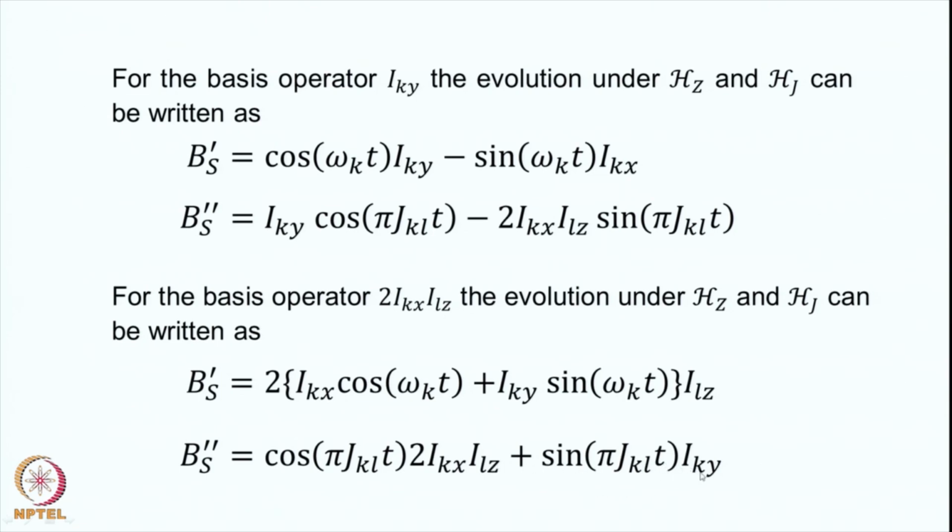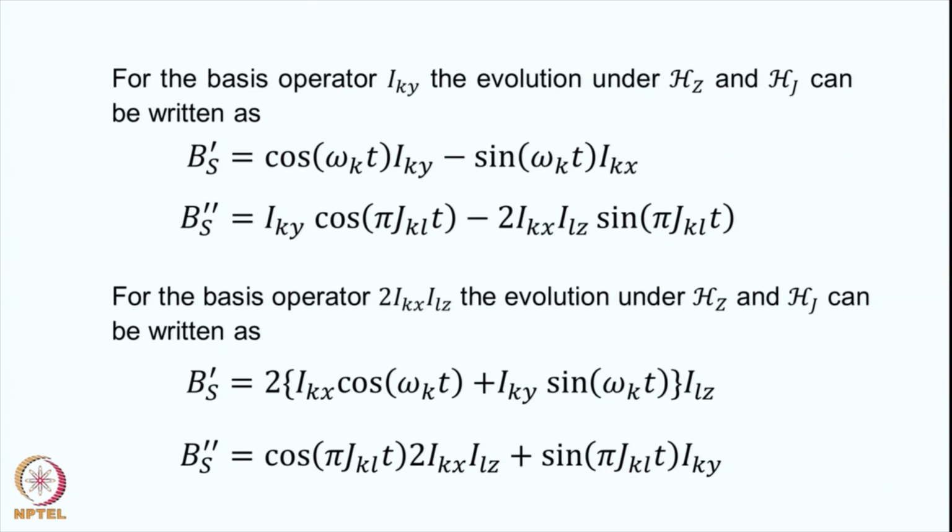Notice here that when you considered Iky rotation, you got Iky cosine pi Jklt minus 2 Ikx Ilz sin pi Jklt. Now we are considering this, you are generating the same terms once more. So this appears in the positive sign, then you have plus sin pi Jklt Iky. So this indicates to you that these kind of terms form some sort of a group, they transform within themselves.